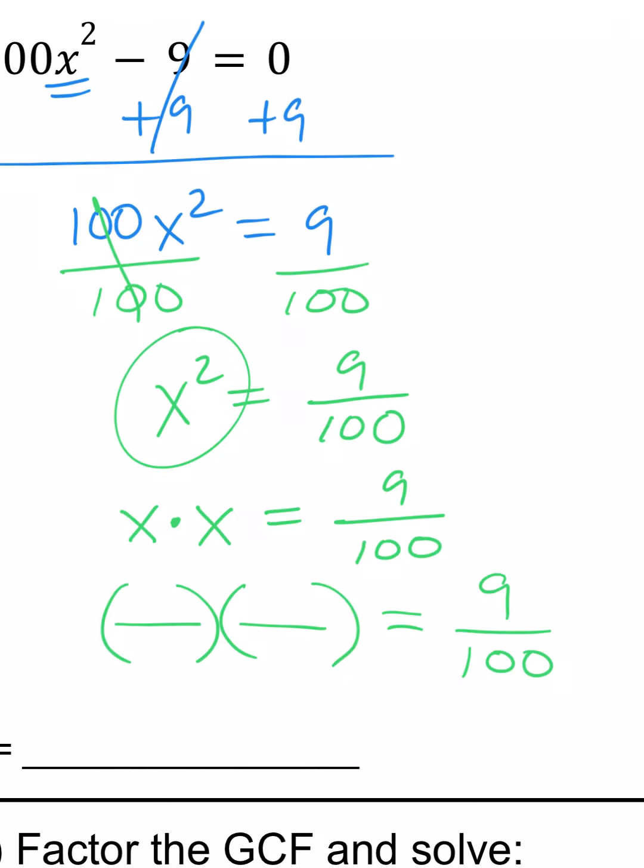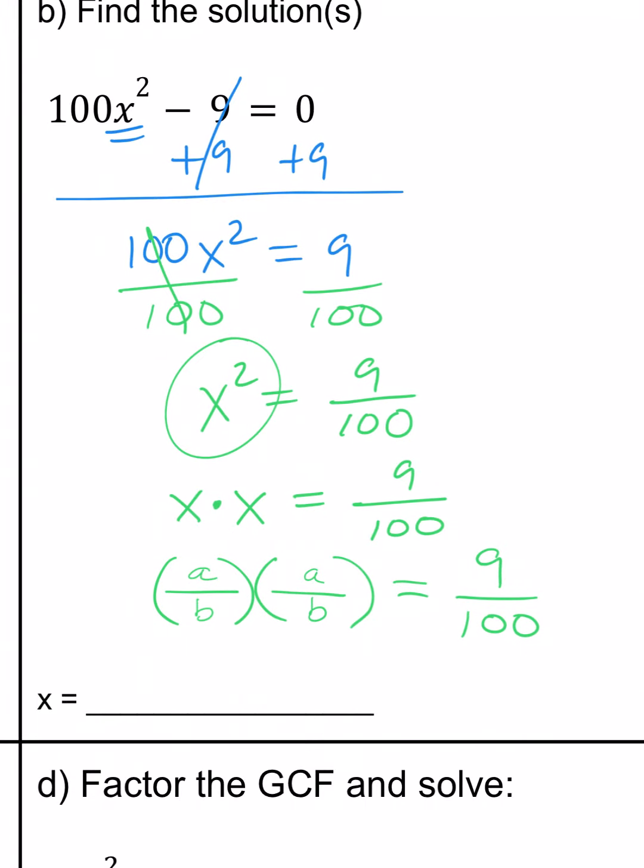A fraction a over b multiplied by fraction a over b has to be 9 over 100.